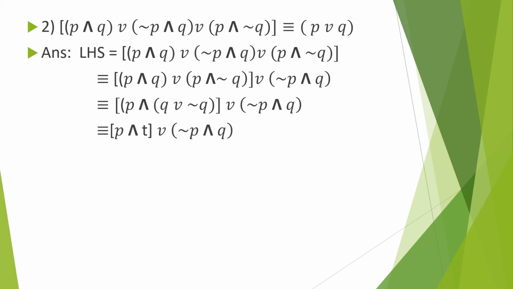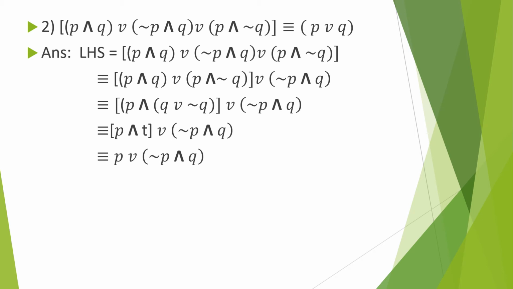So it becomes P and tautology or negation P and Q as it is. Now P and tautology is P. So that's why it becomes P or negation P and Q. Now apply the distributive property.